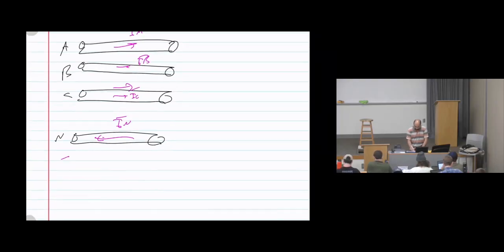Then we said also I neutral equals IA plus IB plus IC, and we used to say it will be 0 if and only if it is balanced. Is this correct? That's what we discussed. Now let's assume we can guarantee the system is balanced.